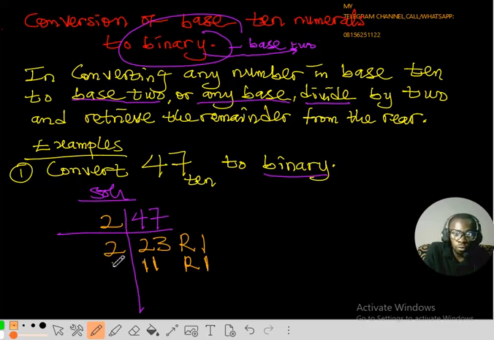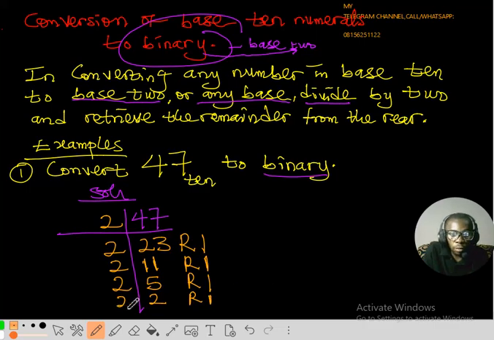Go again with 2 because you are converting to binary. 11 divided by 2, that is 5. You still have remainder 1. Then again 2, 5 divided by 2, I'm going to have 2 times, still remaining 1.